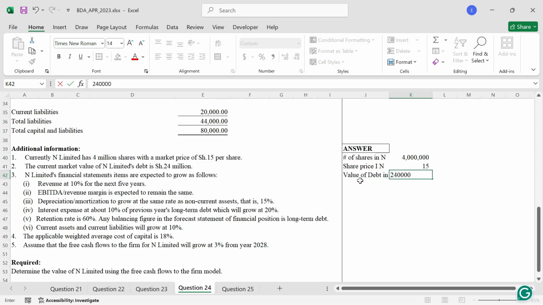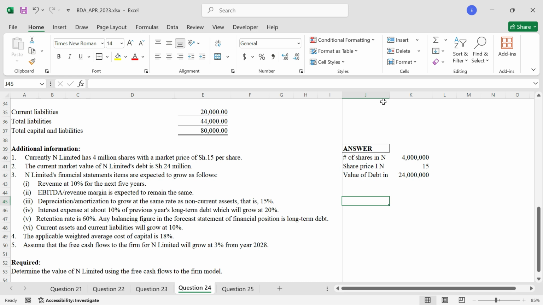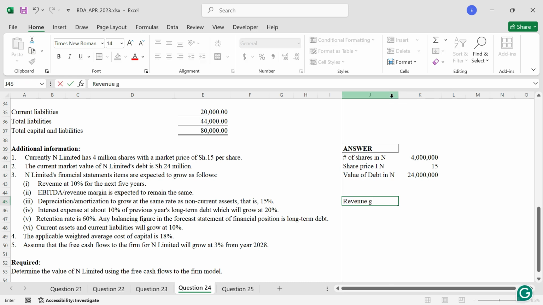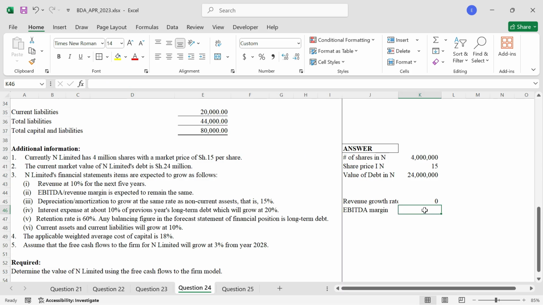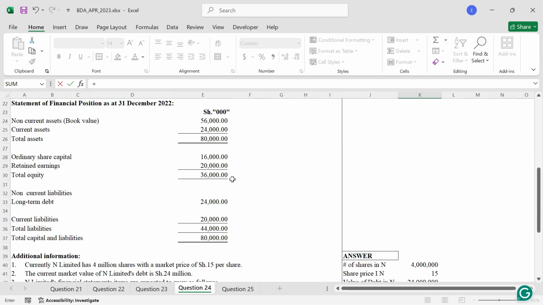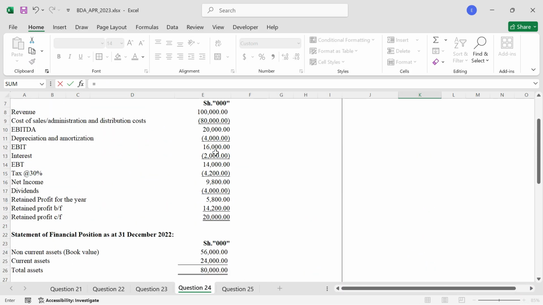I'm told N Limited's financial statement items are expected to grow as follows. I have the revenue growth rate being 10%. I have the EBITDA margin, which is going to remain the same, so I'll use the value given in 2022, which will be EBITDA divided by revenue.